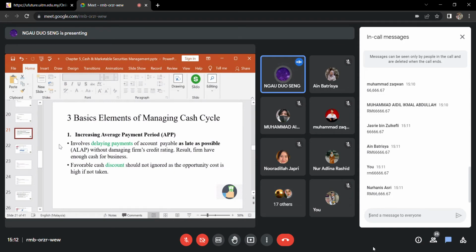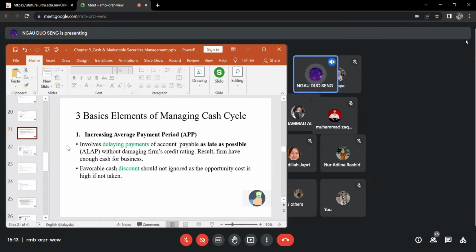Increase or average payment period. Atau you negotiate with the suppliers to prolong the average payment period lah. Kalau supplier bagi 30 hari, you minta boleh tak bayar, bagi extra 10 hari lagi, contoh.